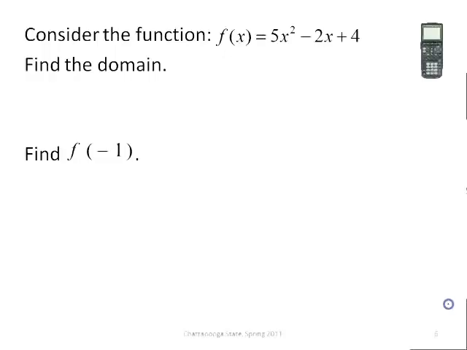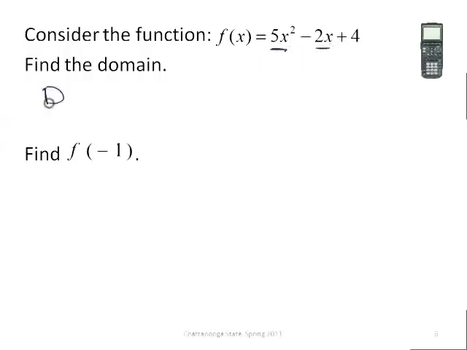When we deal with the equations and the formulas that are written in this notation, you have to ask yourself, is there anything that I cannot plug into this? Any number that I cannot put in for x? In this case, I can put in positive numbers, negative numbers, fractions, decimals, anything.